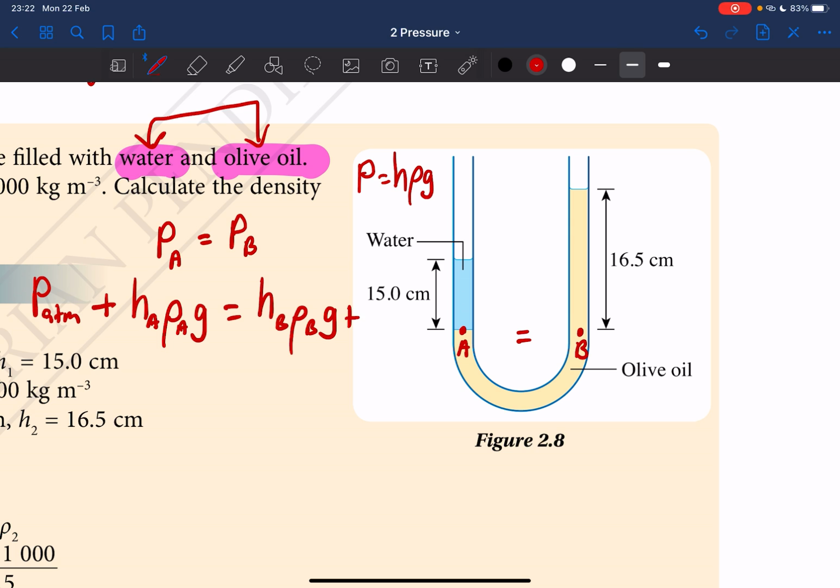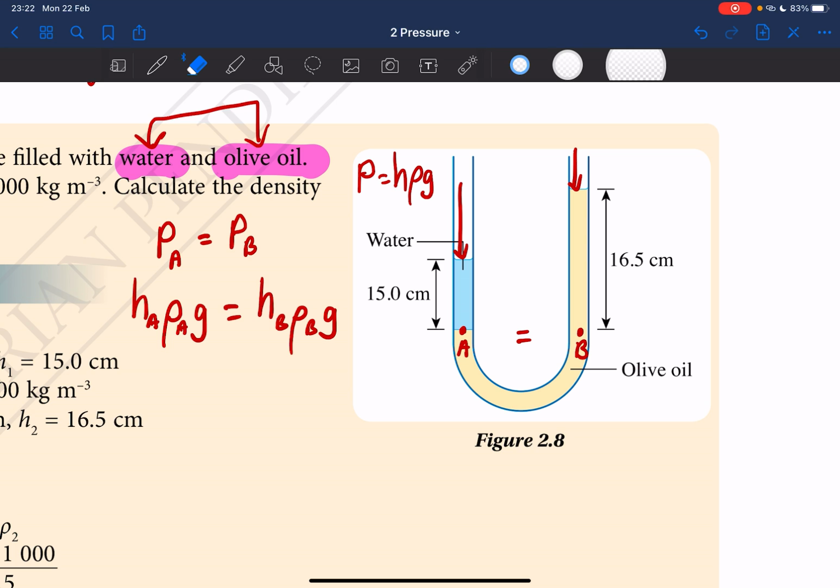But since the pressure of the atmosphere is the same for both cases, we simply cut it out. We don't take it into account because it's the same.